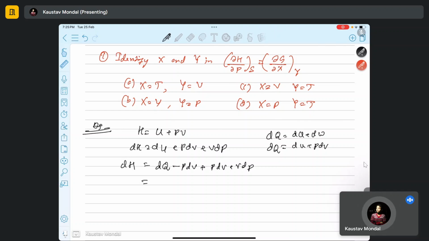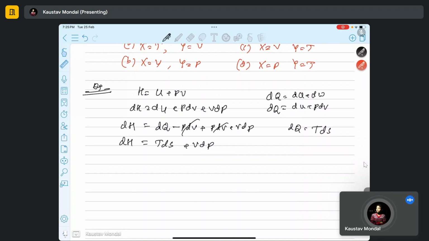PdV will cancel, and dq, sorry, dq is TdS. Yes, that I had written was for dU actually. So this is dq, so we write TdS, PdV will cancel, VdP, dH. So this is the differential form of enthalpy. Now what you have to do?